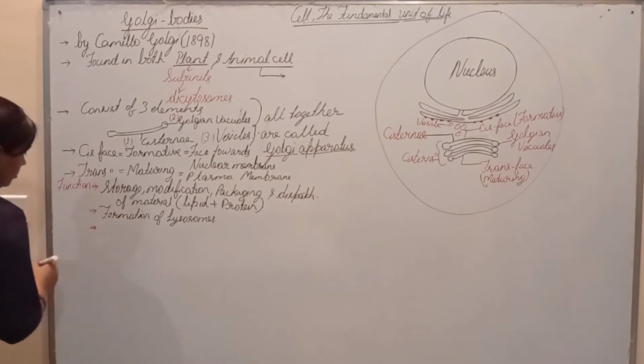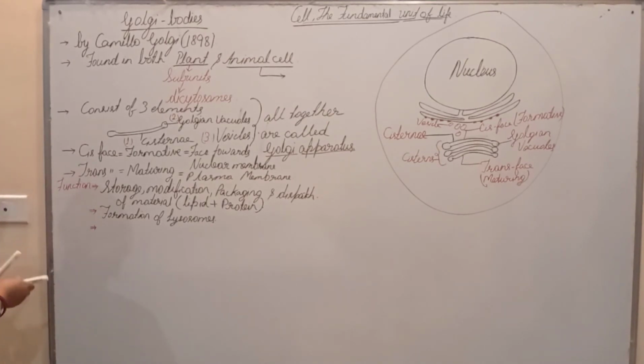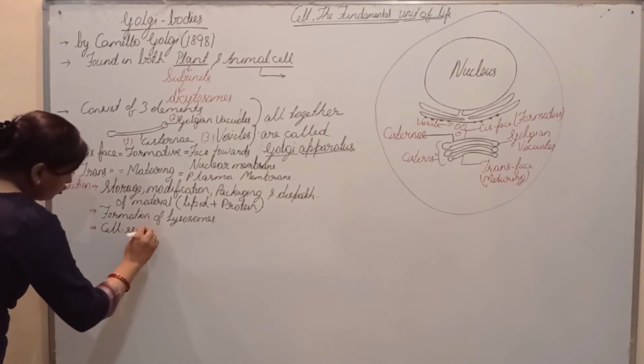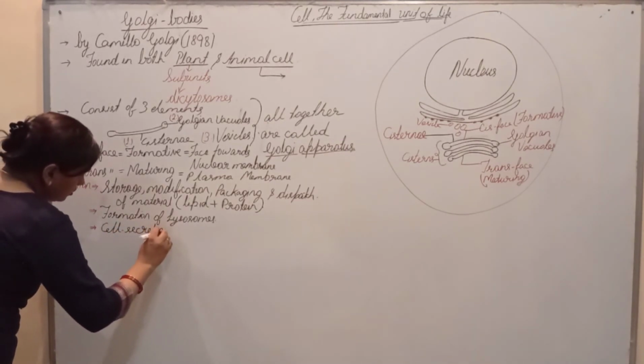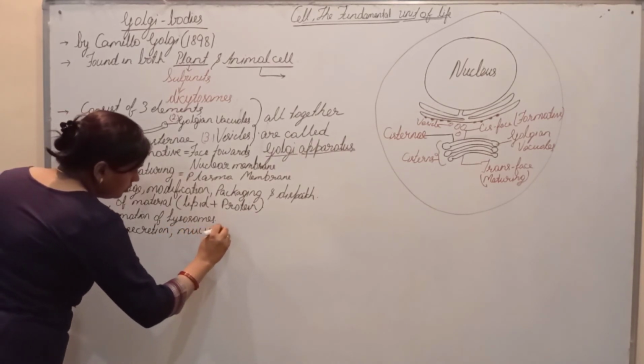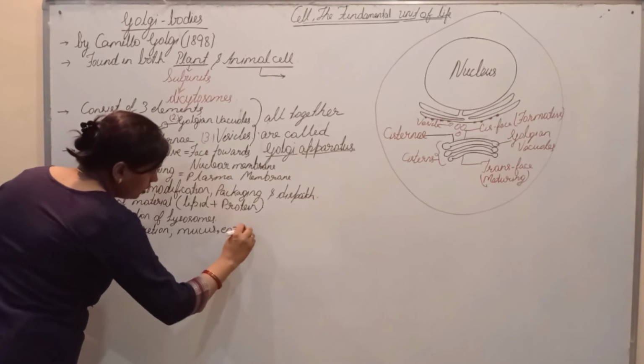The third point is cell secretion: the Golgi body also helps in the secretion of mucus, enzymes and hormones.